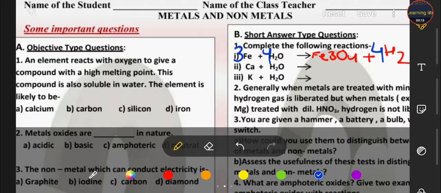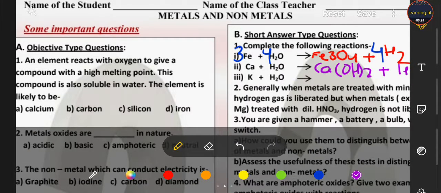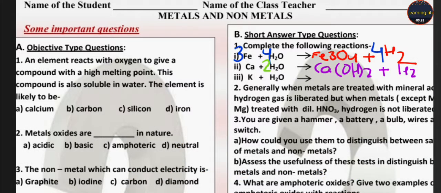Second is calcium reacts with the water. So student, we have to write the equation here. We get calcium hydroxide plus hydrogen. Now we balance it also. Okay.